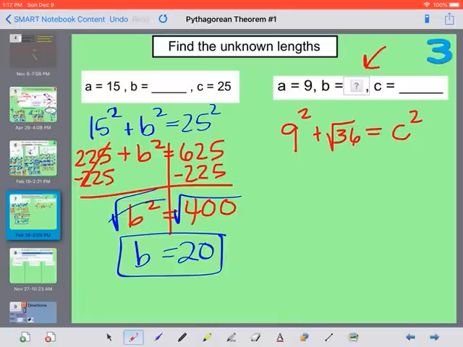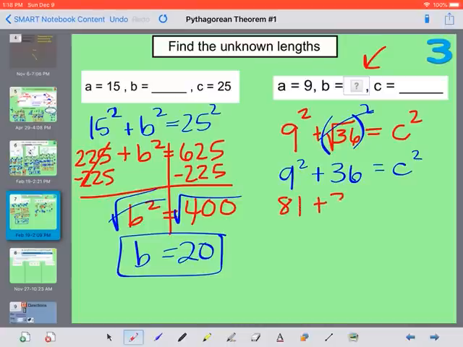So, if we take the square root of 36 squared, the square root and a square are going to cancel, so we have 9 squared plus 36 equals c squared. And we know 9 times 9 is 81. So 81 plus 36 gives you 117.